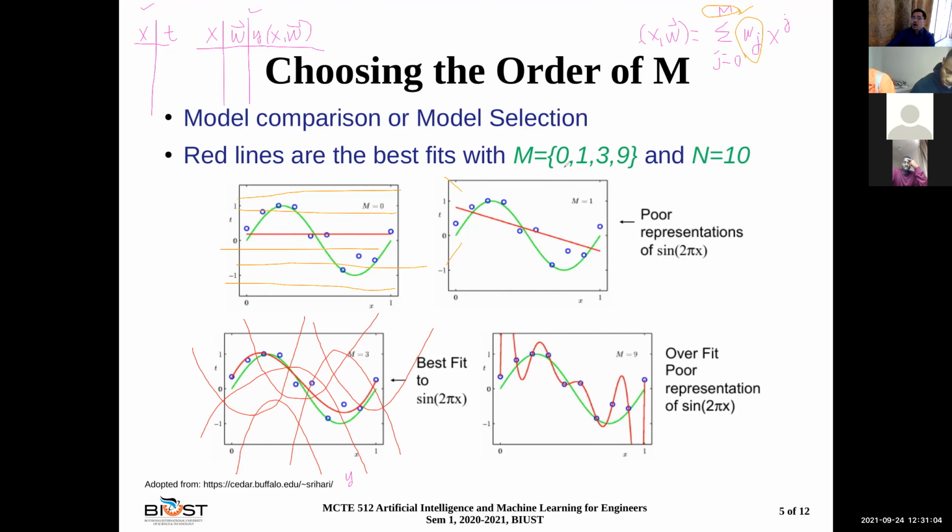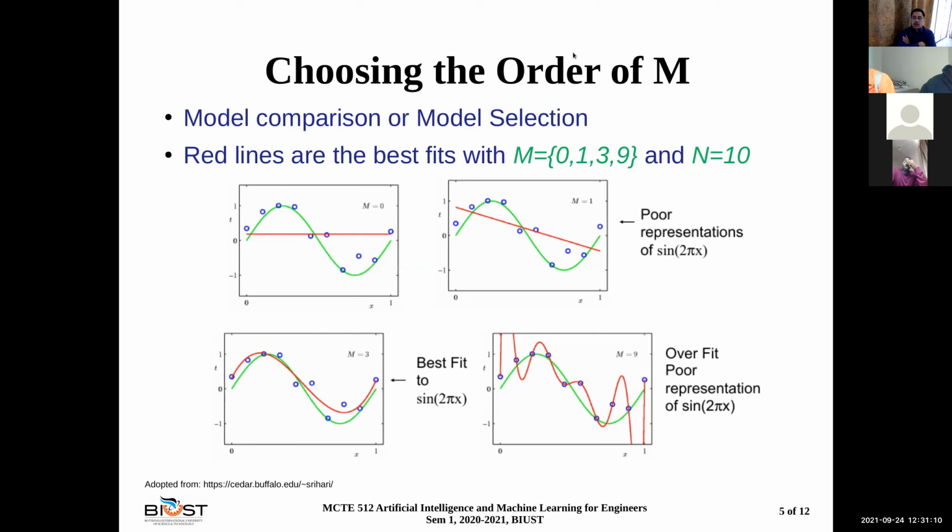Now the question is, how do we measure what exactly is the best estimate? How do we know that this one is the best estimate compared to this and this and this? Although we can see it visually, we need to have some numerical measure.